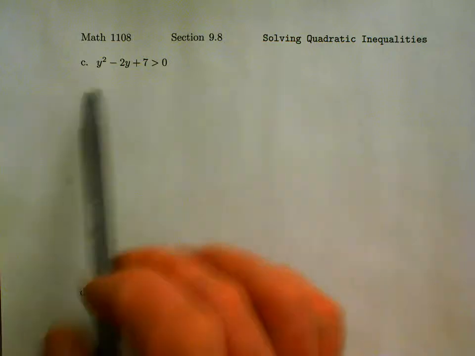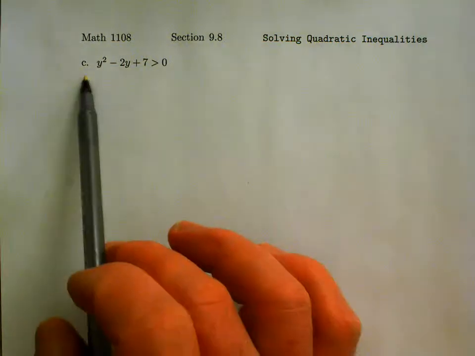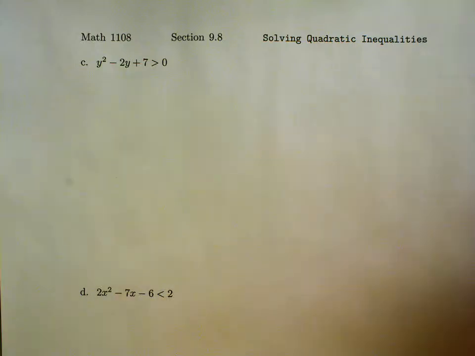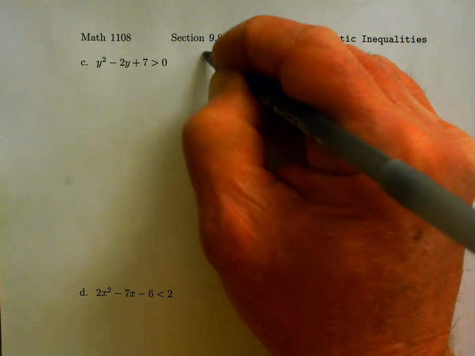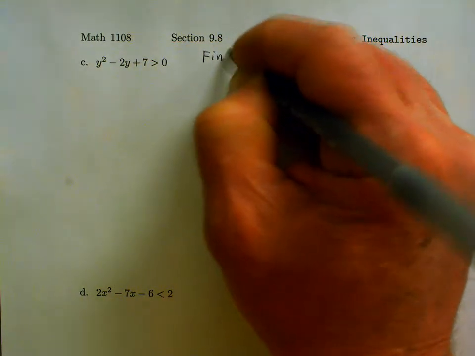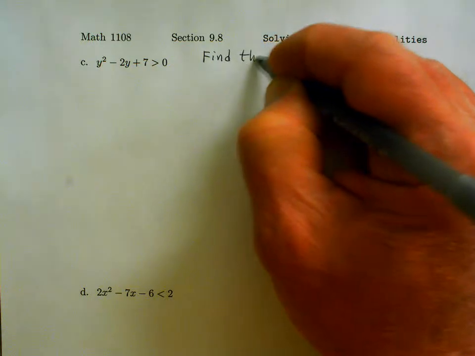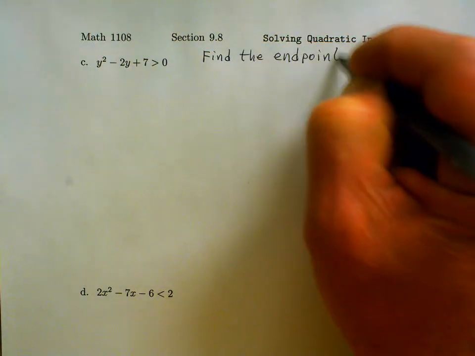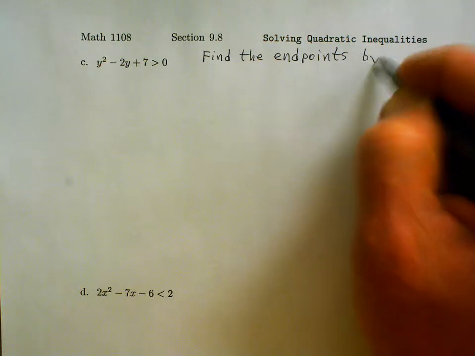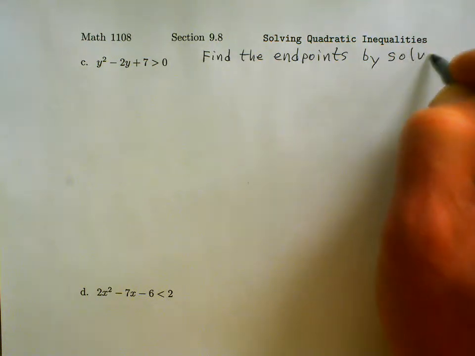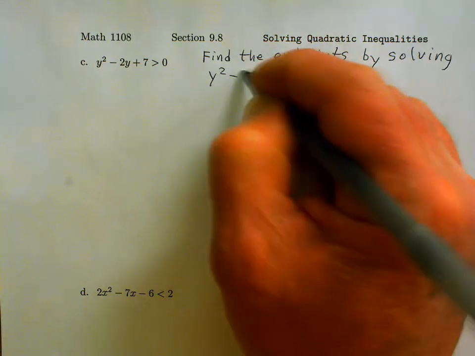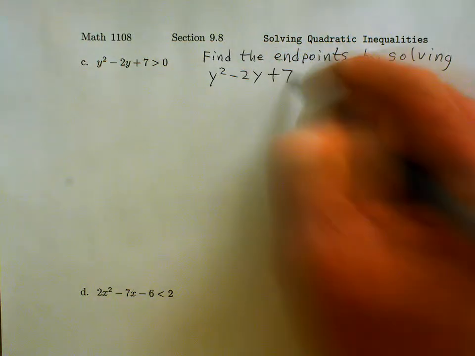So we want to see if we can find the endpoints. So we find the endpoints by solving an equation. y squared minus 2y plus 7 equals 0.